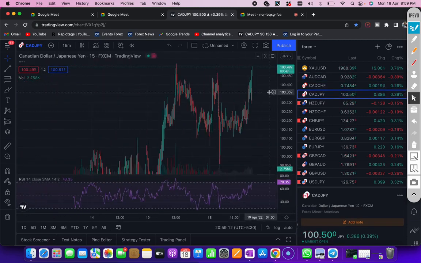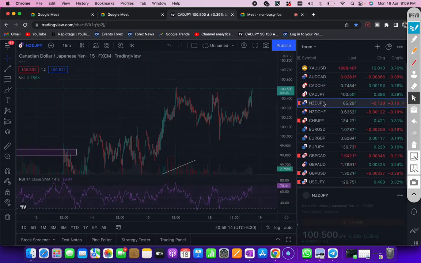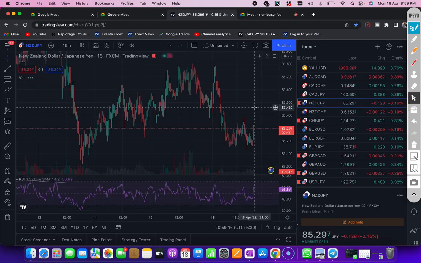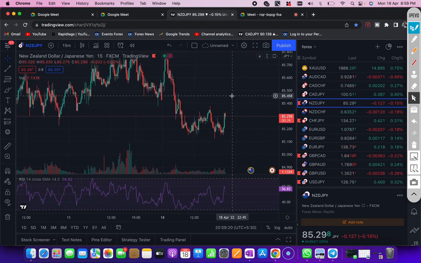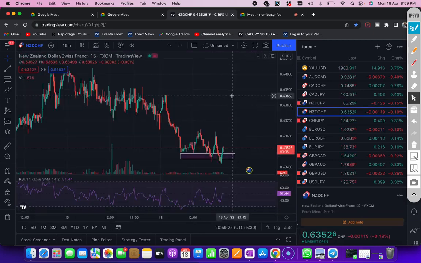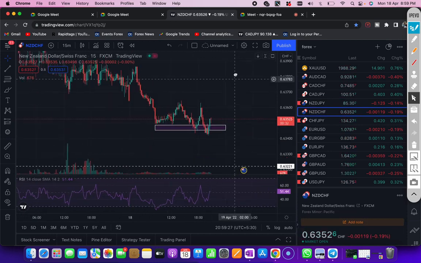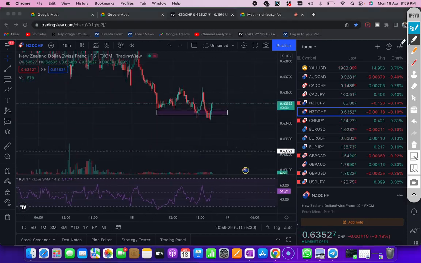So divergence, does it apply only to RSI, or can we use some other indicator too? I use it in the case of RSI, and MACD too, but I suggest you use it for RSI. Now see here, price is getting low.